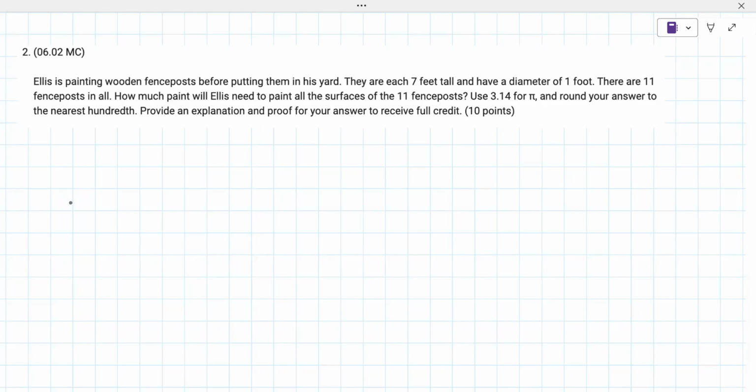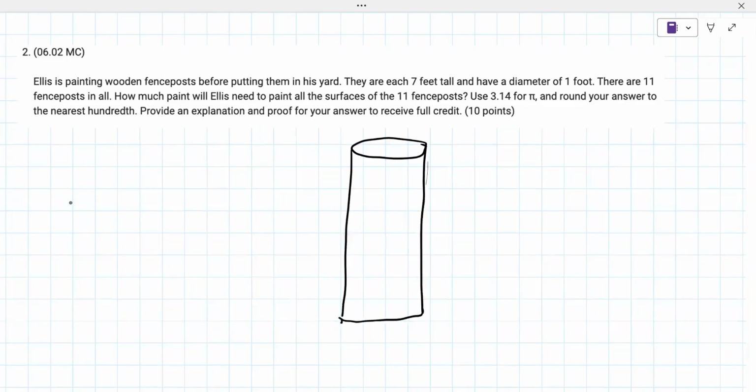I guess they're round fence posts. There are 11 fence posts in all. How much paint will you need to paint the surface of all the 11 fence posts? So I guess we need to find the surface area of one fence post.